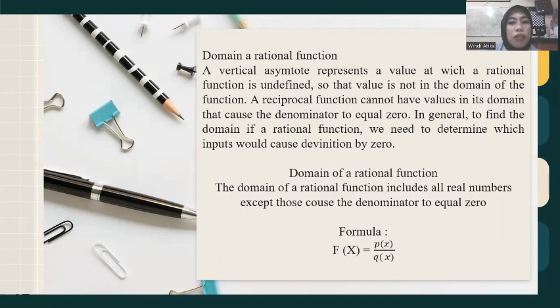In general, to find the domain of a rational function, we need to determine which inputs cause the denominator to be 0. The domain of a rational function includes all real numbers except those that cause the denominator to equal 0.